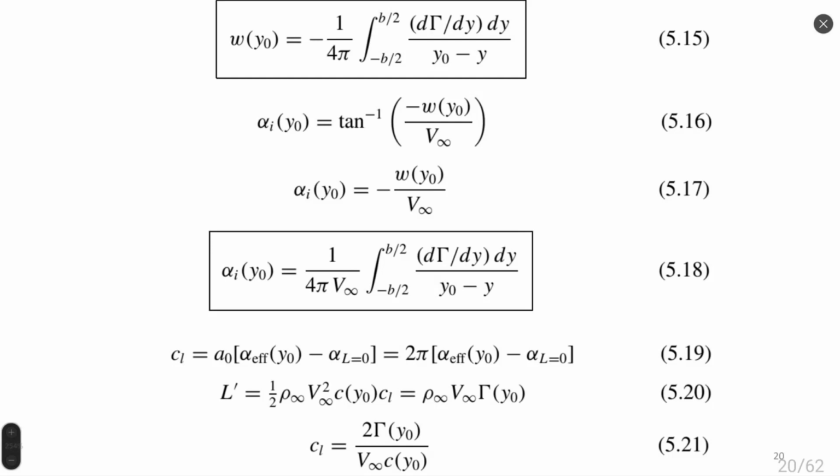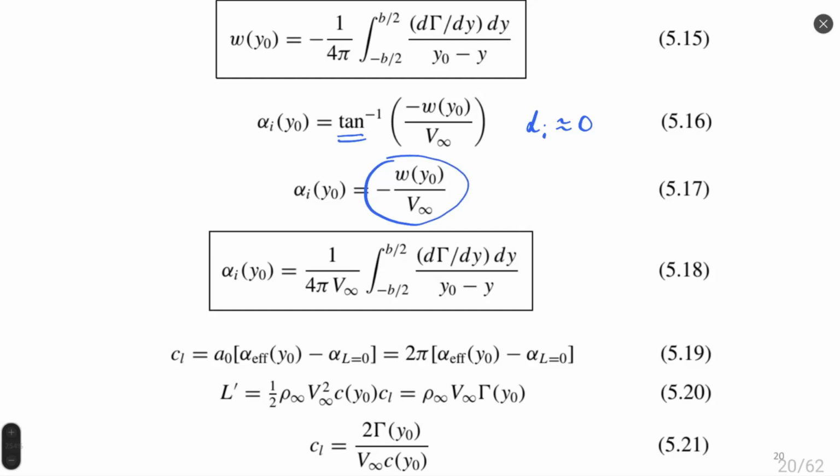And with the assumption that alpha i is very small, similar to 0, instead of tangent or arctangent of a function, we use just the argument of this function.